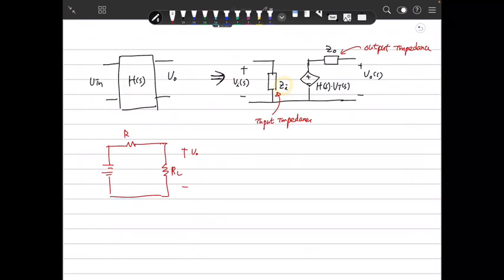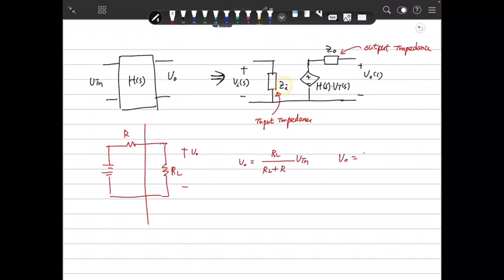Then what is V out? V out is RL over RL plus R times V in.